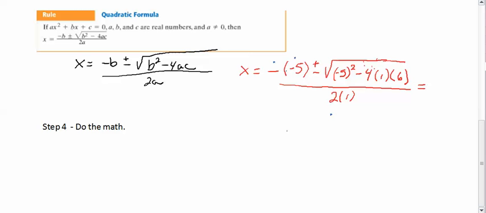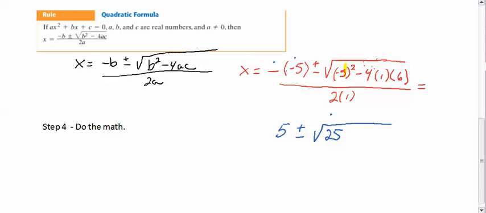negative and negative. Negative, negative is positive 5, plus or minus, I keep my square root symbol. And now I go here. And now I have negative 5 and negative 5. Negative times a negative is positive. 5 times 5 is 25. That's what goes in here.